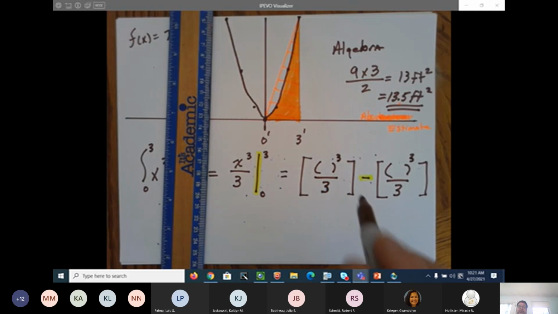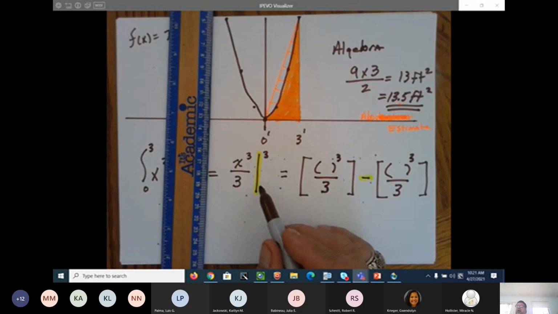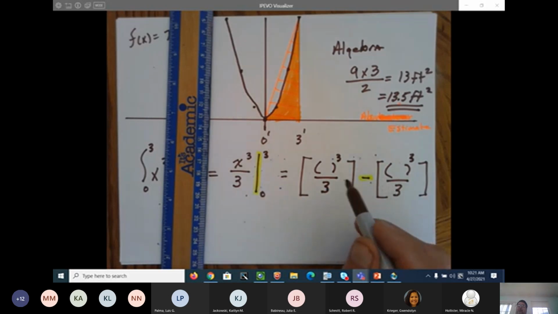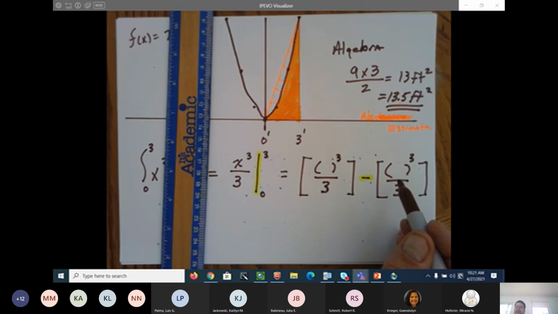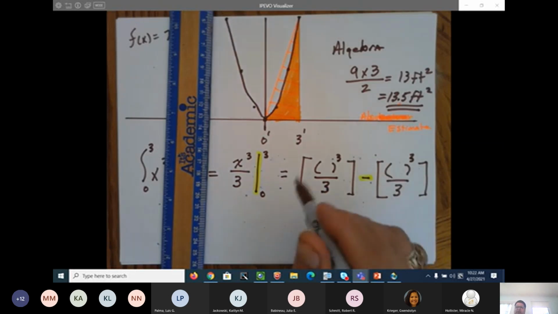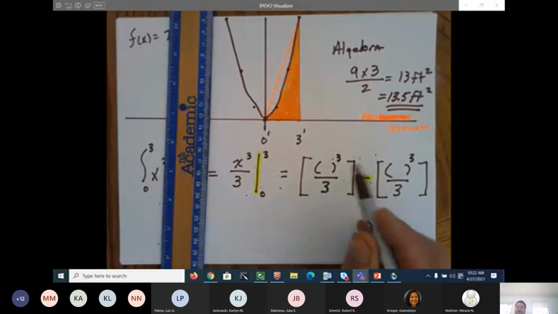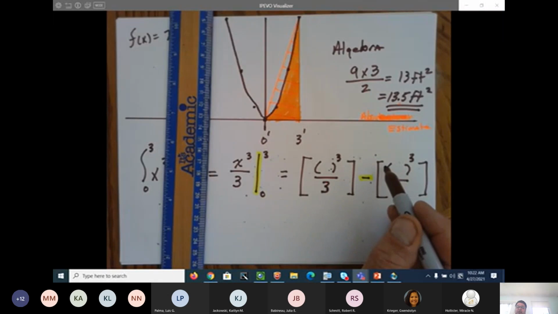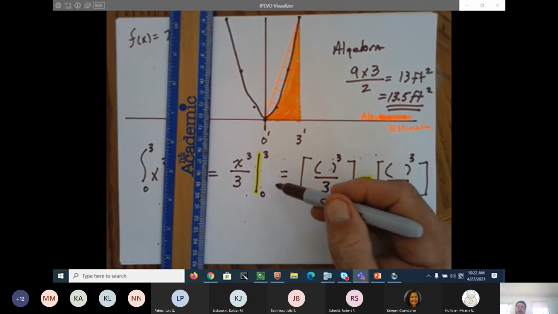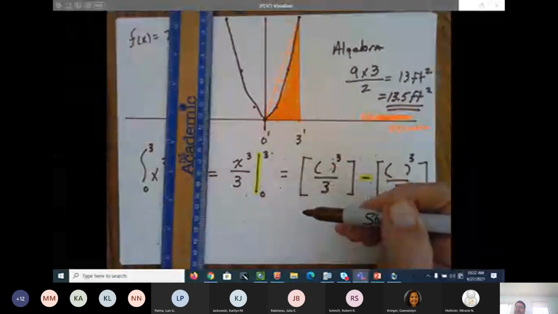Buddy, when you do the antiderivative and you do the actual evaluation, you better use parentheses. Okay, I realize that some of y'all actually invented calculus, but for the one or two in the room that didn't, you better use these parentheses, because you think I'm going to give you 0 and 3 on the test?